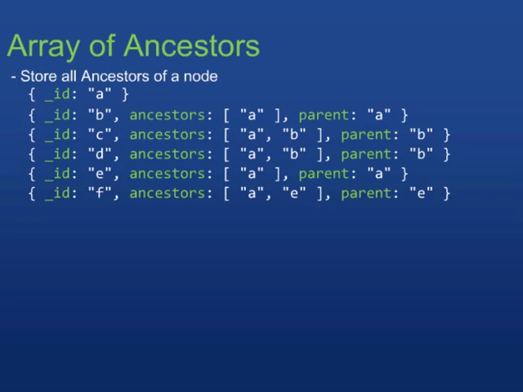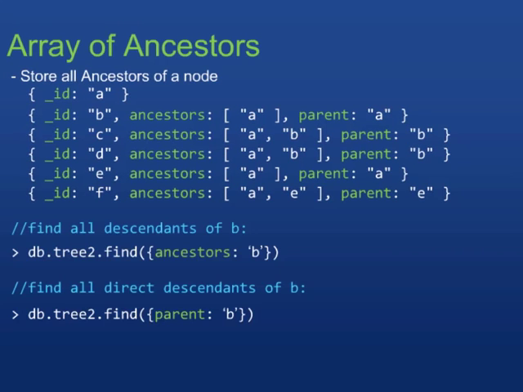Now this model, if you're going to be changing this tree a lot, can be a little more complex to update because if I want to, say, reorganize the middle of my tree, it's going to be hard to make those updates and maintain this. However, if it's relatively static, I can query very efficiently, and I can do a lot of very complex operations on the tree with relatively simple queries.